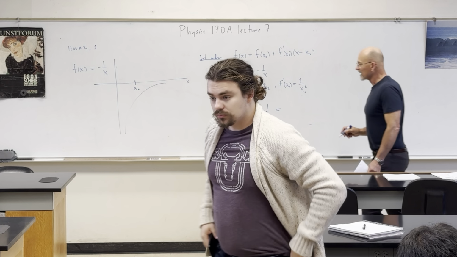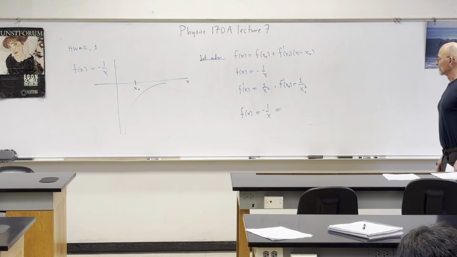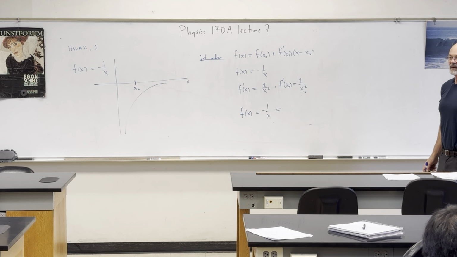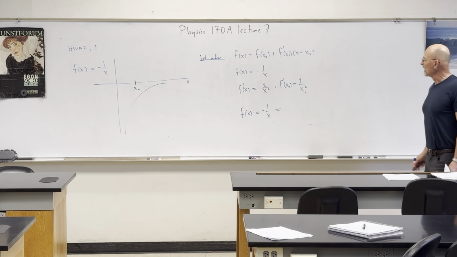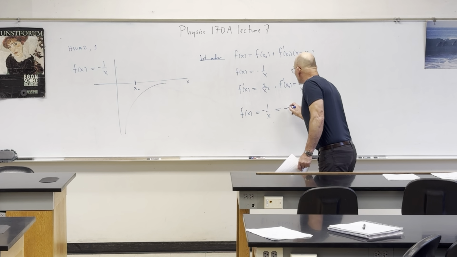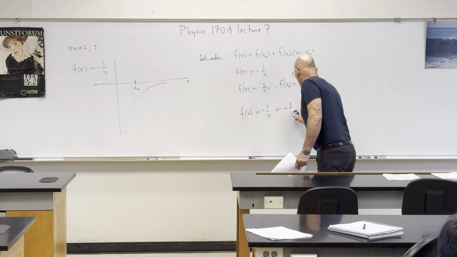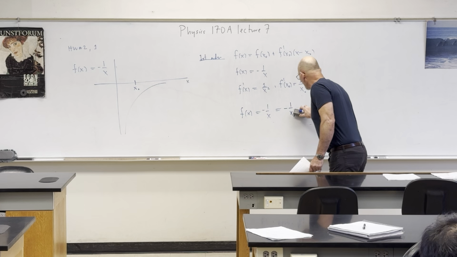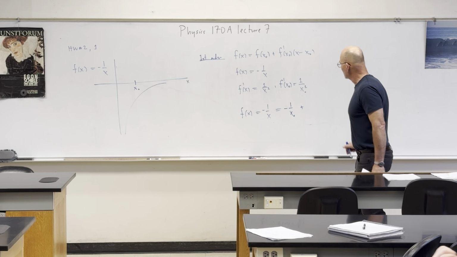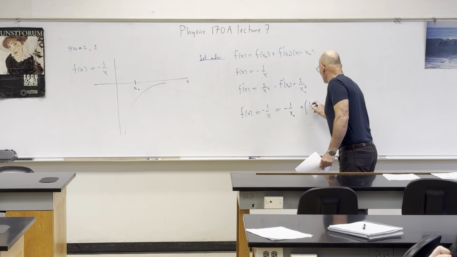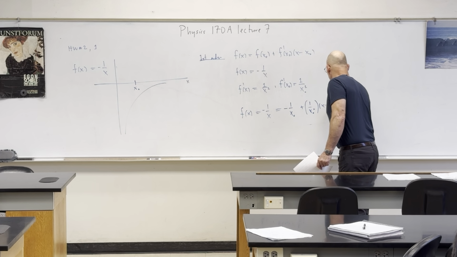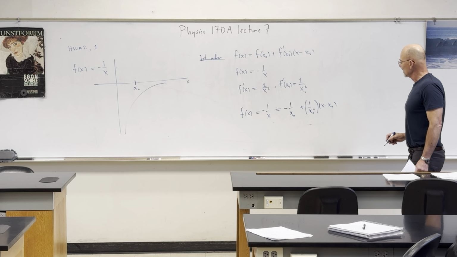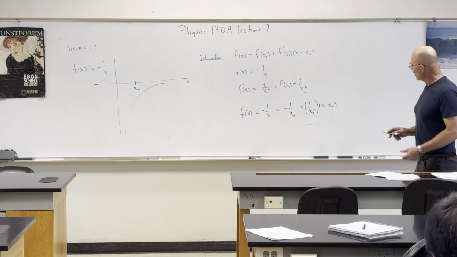And I could either write an approximation sign, or I'll just add a couple of things. And we'll have the first one minus 1 over x 0 squared. I'm sorry, minus 1 over x 0 plus 1 over x 0 squared, times (x minus x 0). So yeah, this is a point slope formula.